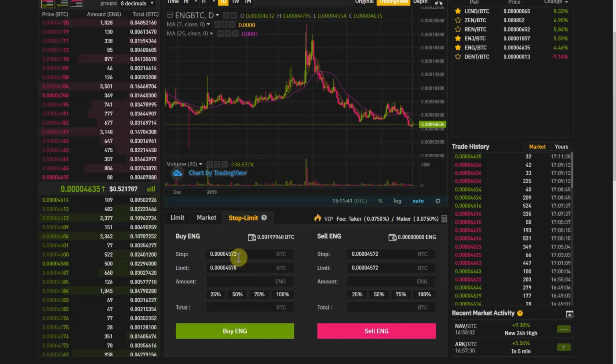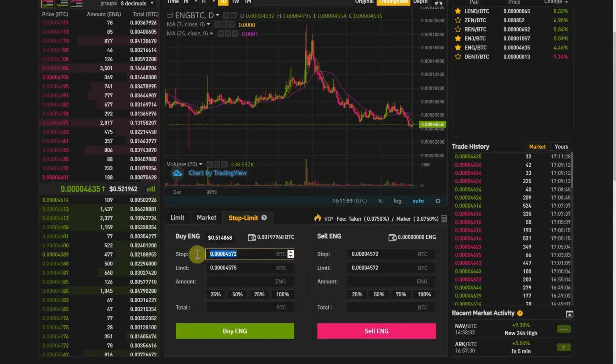So if the price ever reaches this, I want a limit order to be placed at this price, or at this price to be more, to lose less.